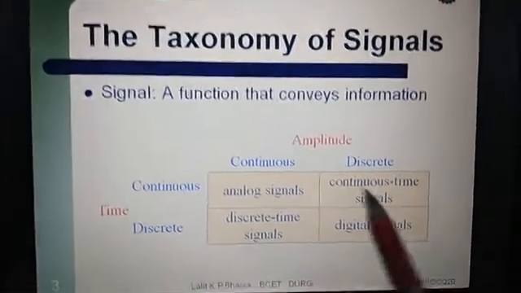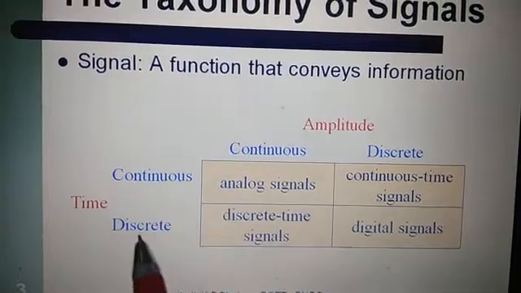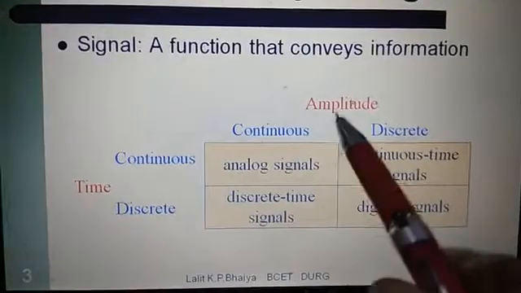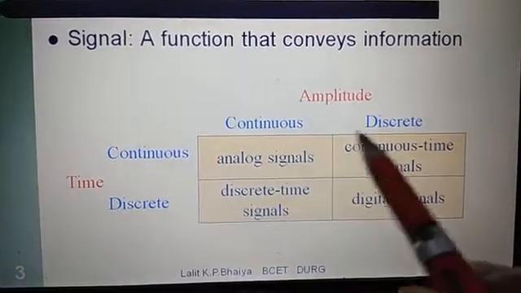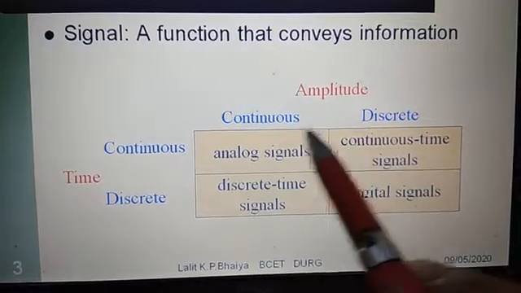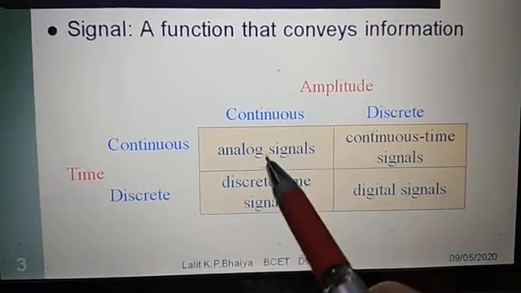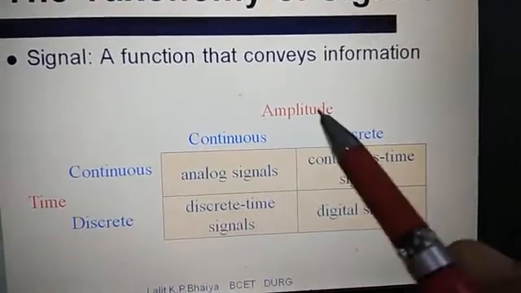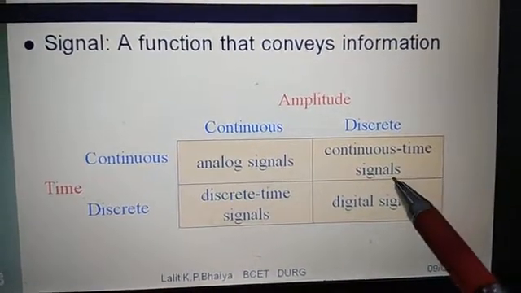Here you can see in time domain, continuous and discrete time systems are there, where amplitude may also be continuous or discrete. Time is continuous, amplitude is continuous, called an analog signal. Time is continuous and amplitude is discrete, called a continuous time signal.